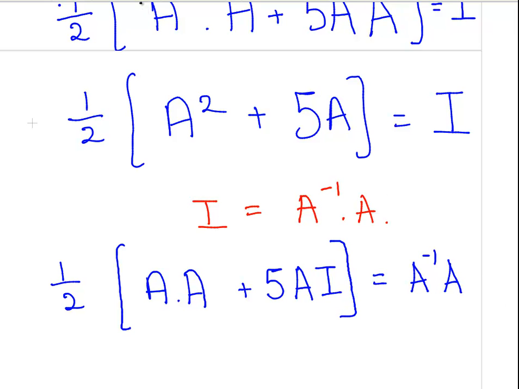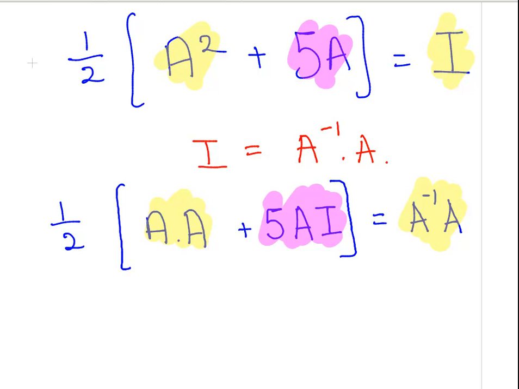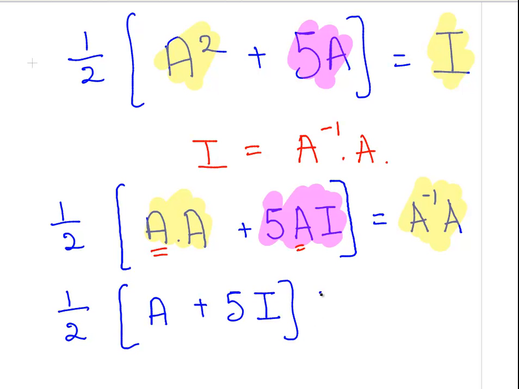Essentially, the a squared I'm just writing as a times a, and 5a I'm writing as 5 times I times a. I'm able to take out a from this expression altogether. So what I have is 1/2 times (a plus 5I) times a equals a to the minus 1 times a.